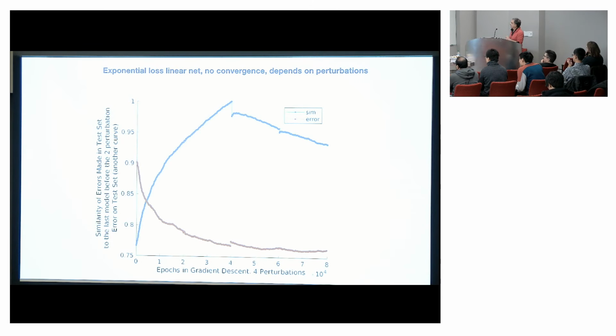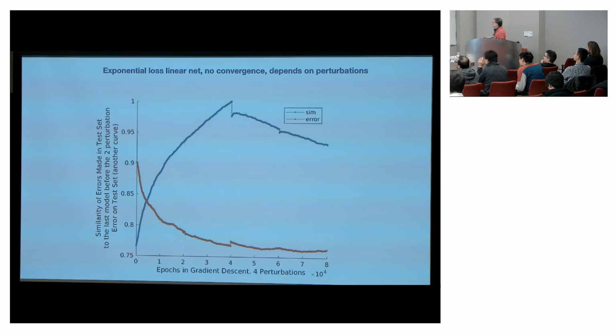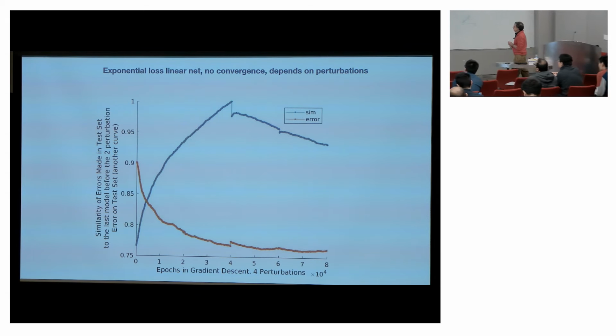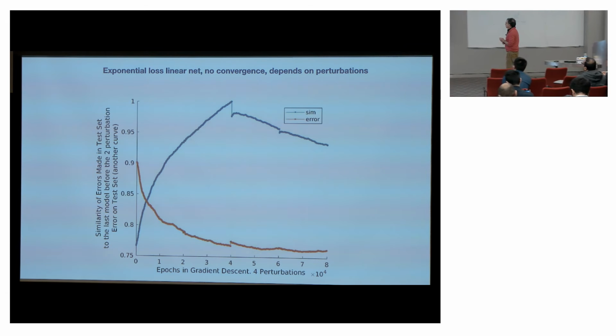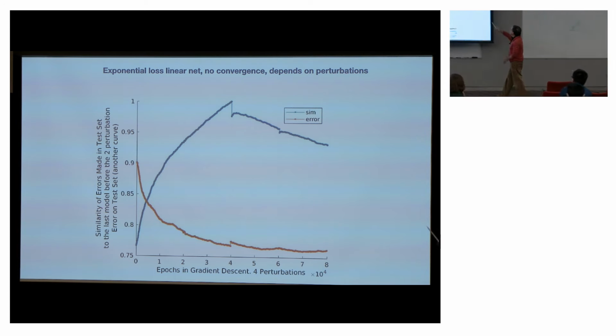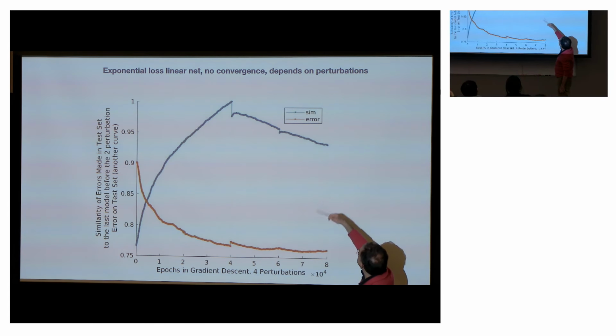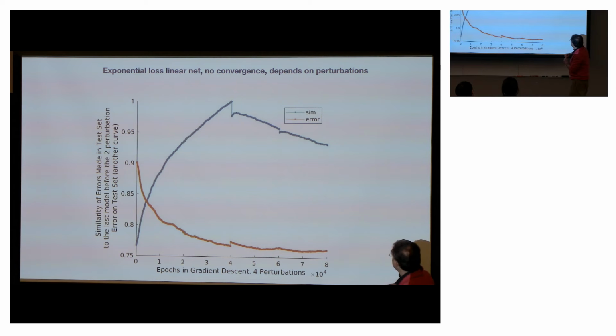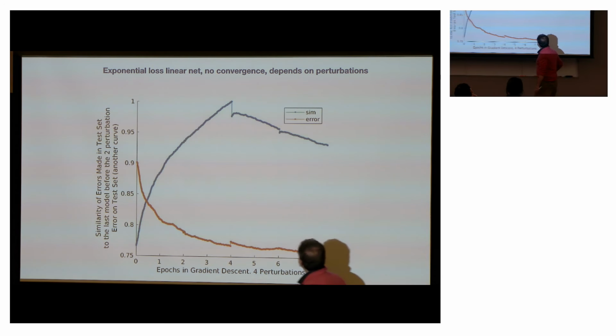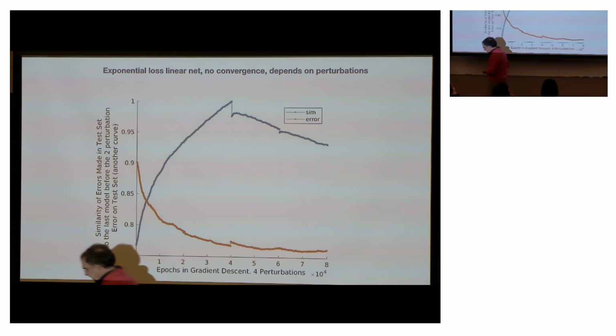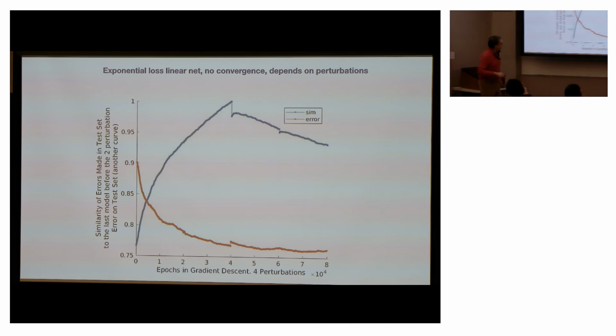So this is the linear network, exponential loss, gradient descent, and if you perturb, you change the training error. The red curve is not test.